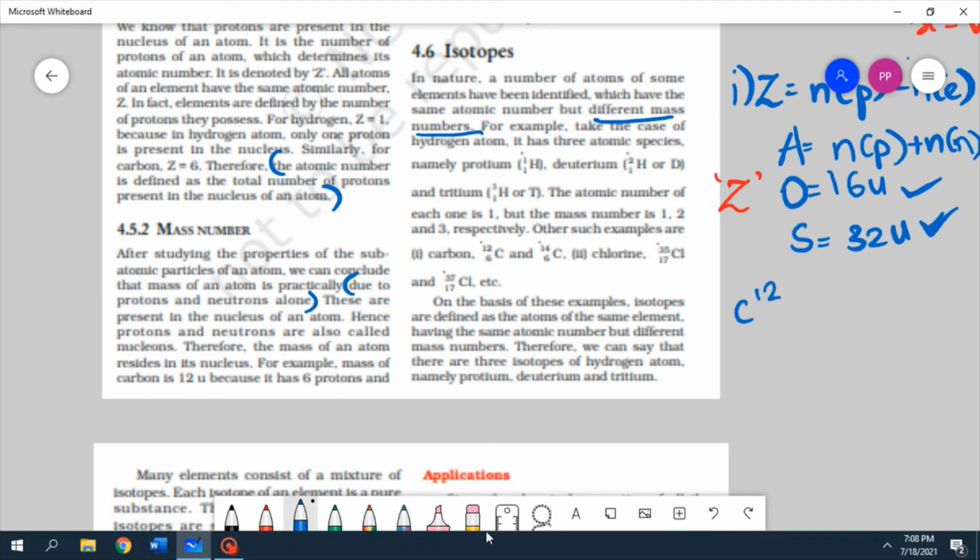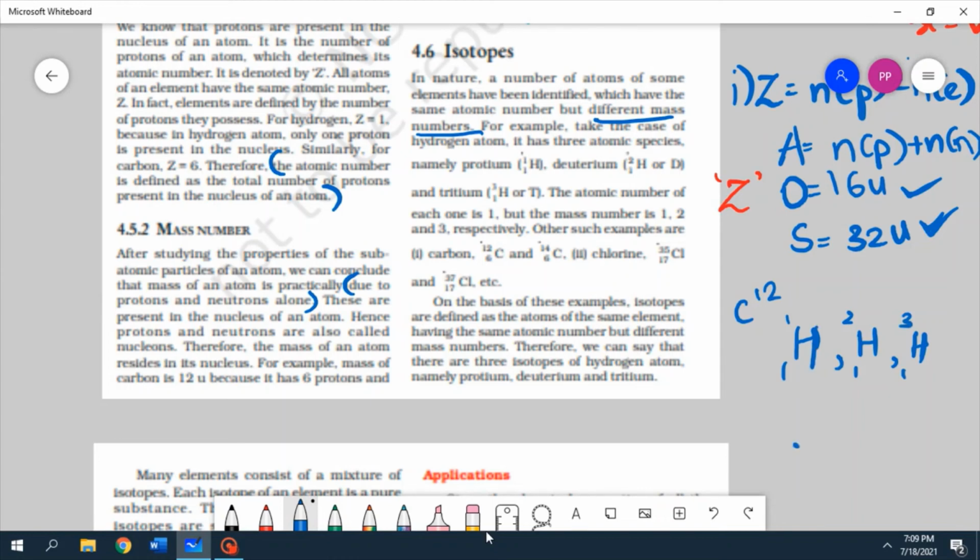Isotopes are elements which have different mass numbers but the same atomic number. Alright, so hydrogen has H-1, H-2, H-3. So this is protium, this is deuterium, and this is tritium. Alright, that's what the names are.